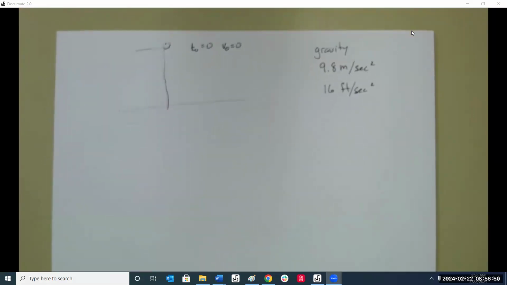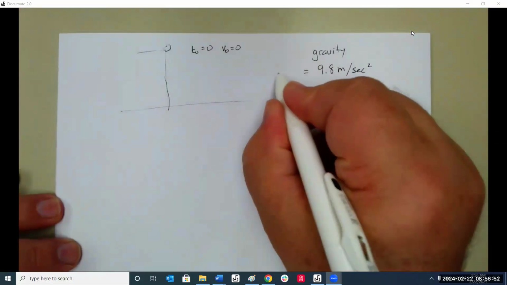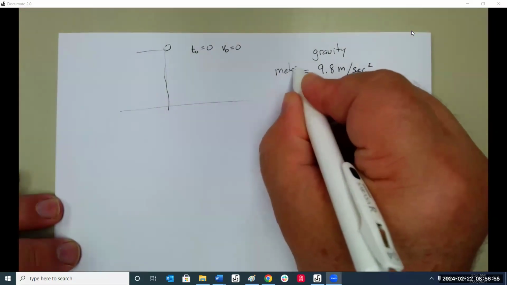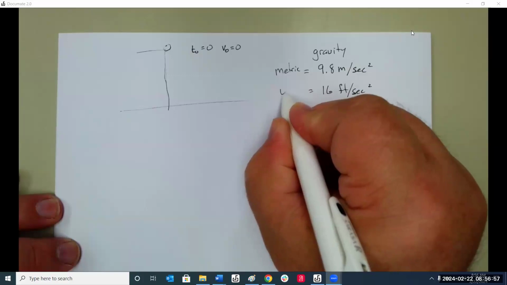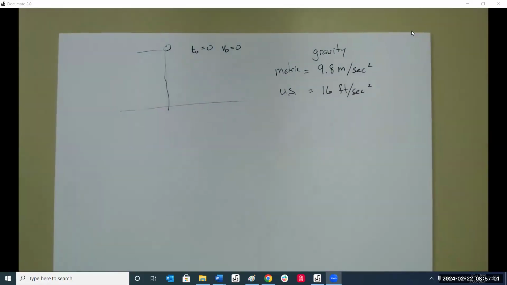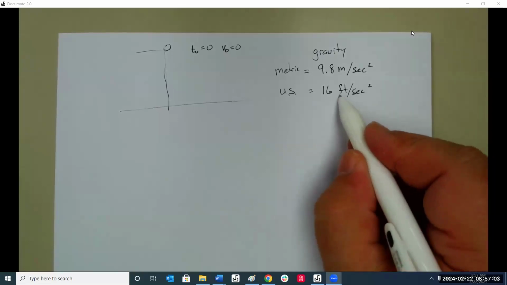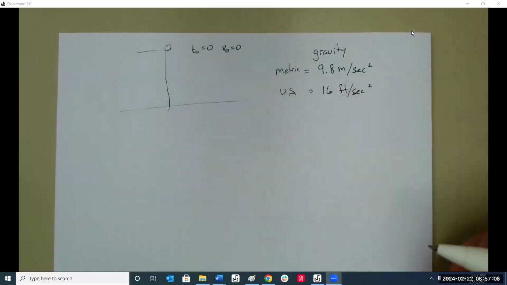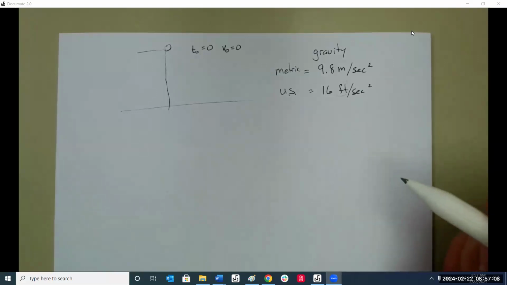It's called the MKS versus the United States measuring system. This is metric. This is the US. We know it's the US because they're using feet as opposed to meters.